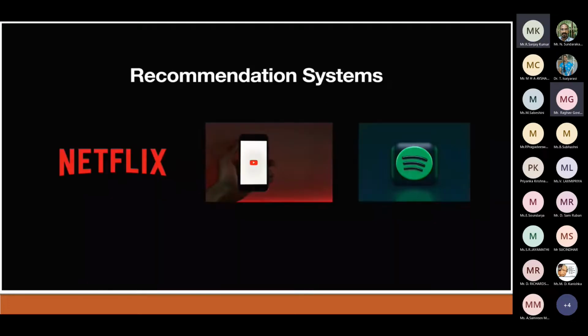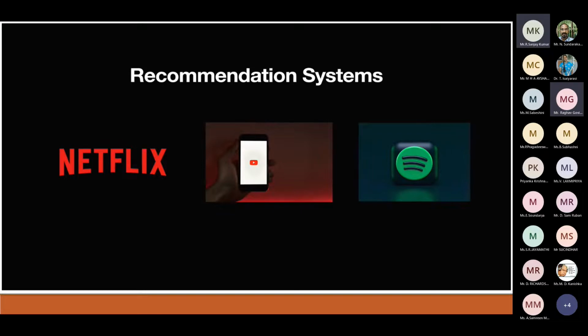So now let me give real world examples to relate all these discussions of vector embeddings. All these applications that give you personalized recommendations use vector embeddings in some form.